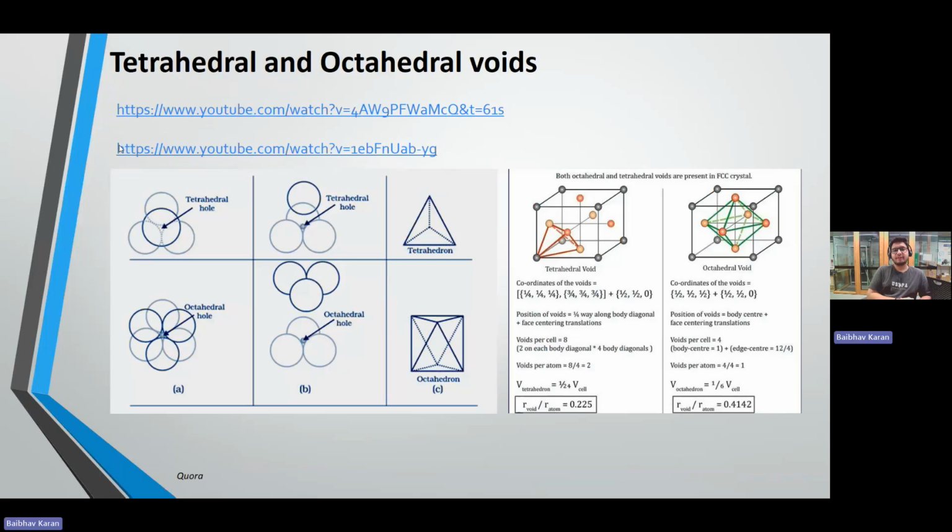Then we discussed tetrahedral and octahedral voids. What are those? A tetrahedral void looks like a tetrahedron. It is formed by four atoms at four different vertices. Then what is an octahedral site? An octahedral site looks like an octahedron, where it is formed by six different atoms.